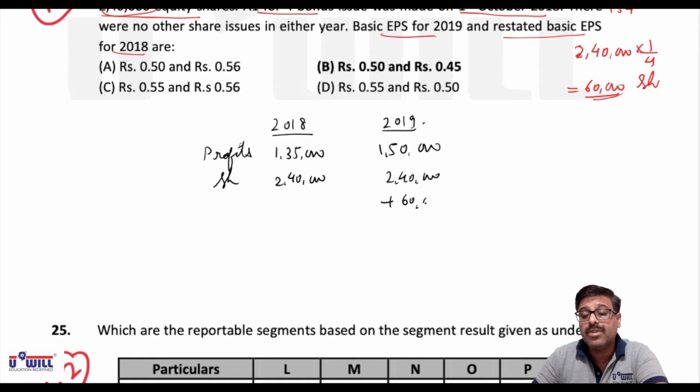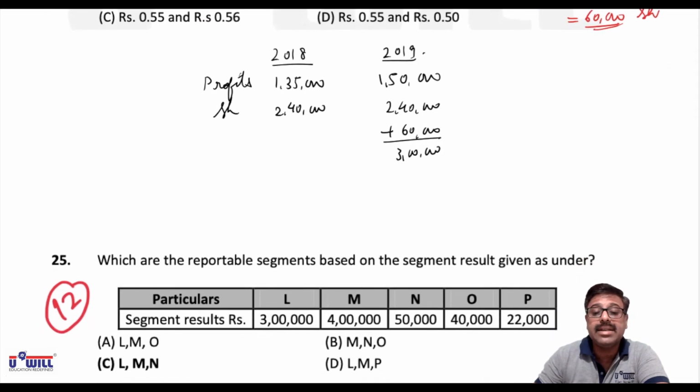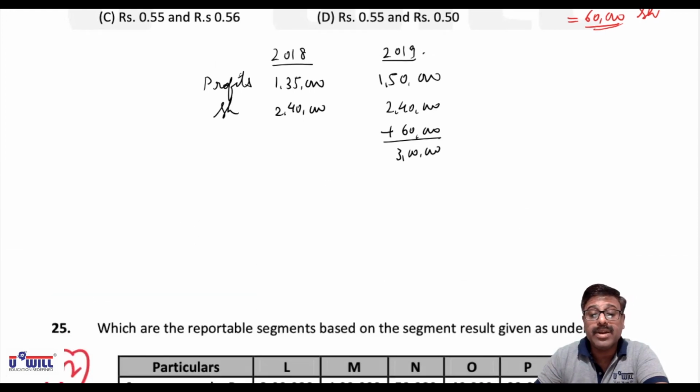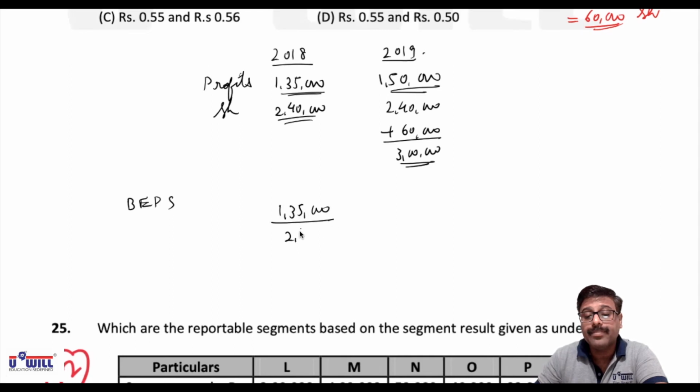So if you all remember, we used to find first basic EPS for both the years and then restated EPS for both the years. So when you find basic EPS for both the years, that is 1,35,000 divided by 2,40,000 and 1,50,000 divided by 3 lakhs.